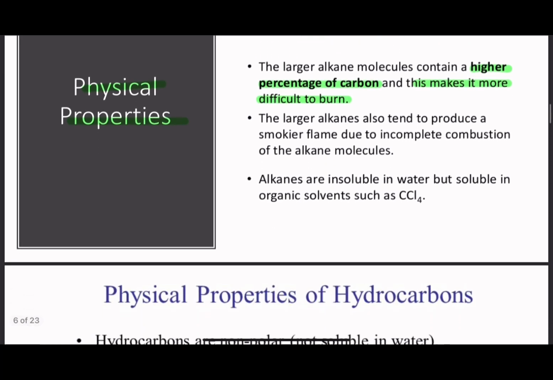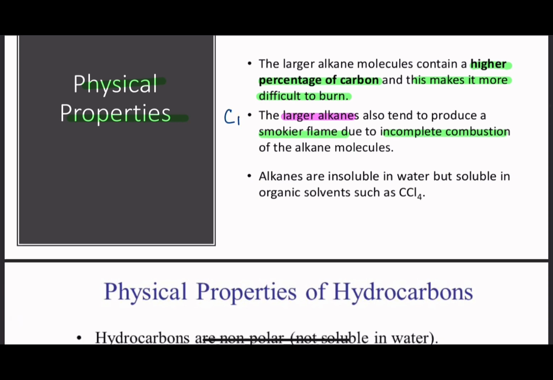The larger alkanes also tend to produce a smokier flame due to incomplete combustion of the alkane molecules. This is for your interesting information. The larger alkanes, going from carbon number 1 to, I don't know, 17, the more smoke they make.